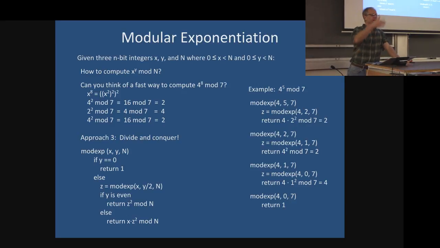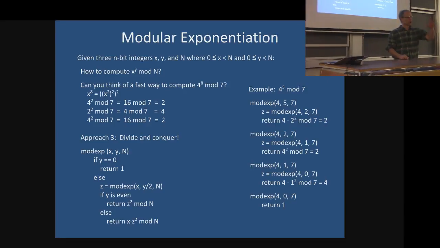We can also look at it and say, how deep can the recursion go? We're dividing y in half every time, so we can go log y deep. So there are log y levels of recursion. What's another word for log of y? Little n, the number of bits in these numbers.